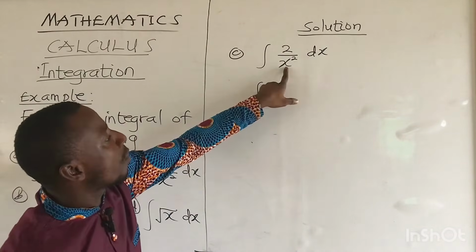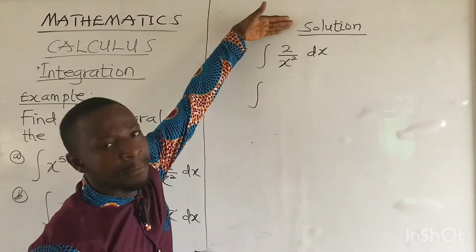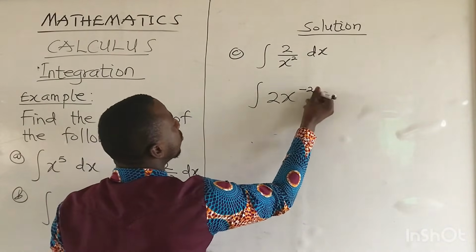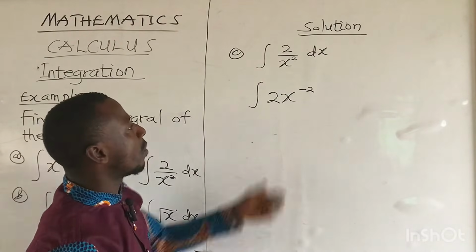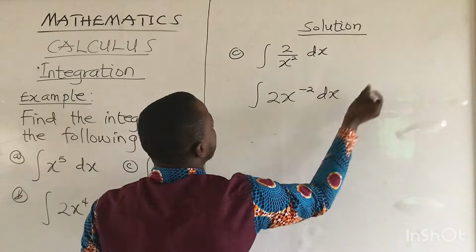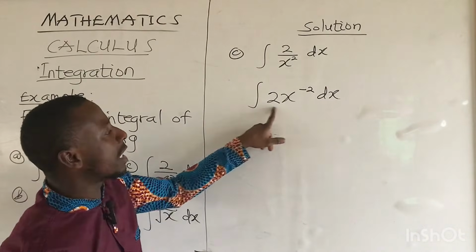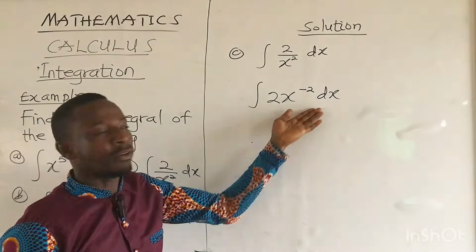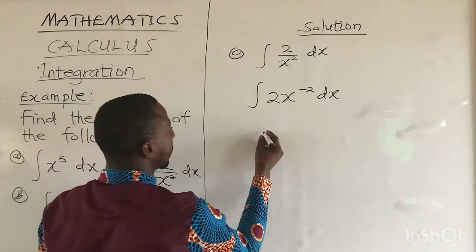So from here, when the x squared is moved up, it becomes 2x exponent minus 2, because I am moving the x squared up, still dx.